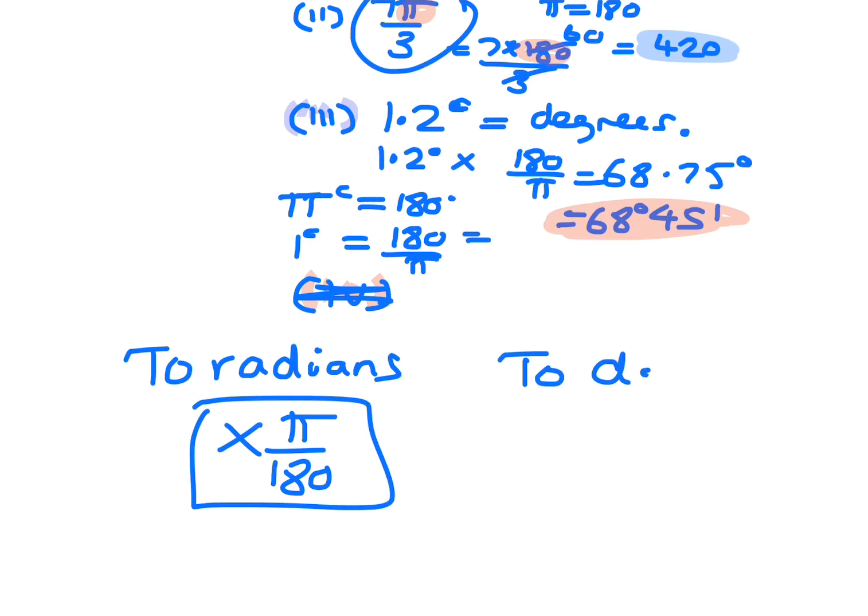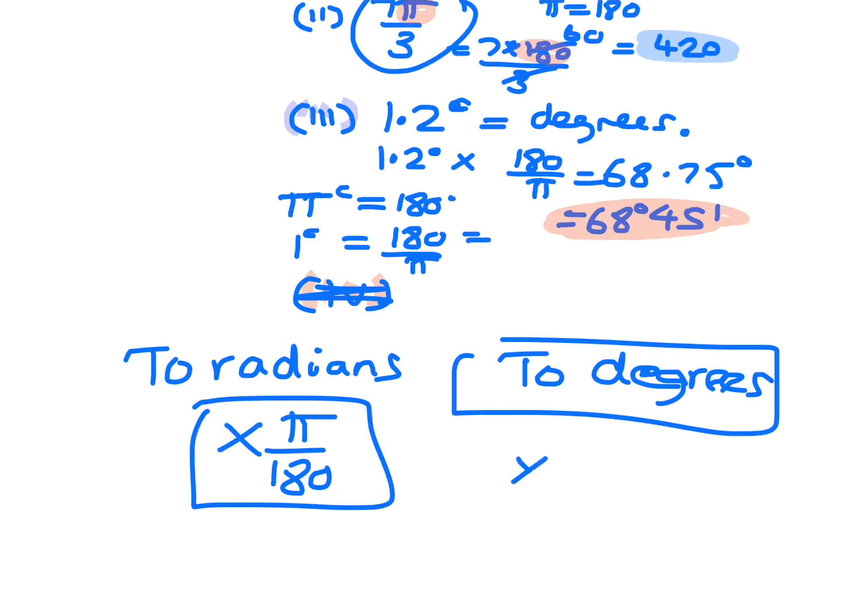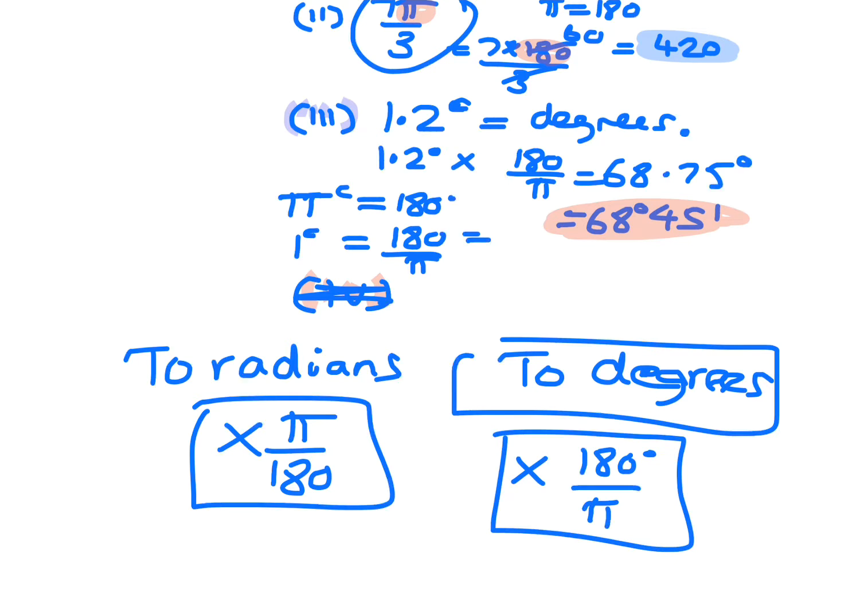And if you want to go back to degrees, then you times by 180 on pi. And you notice that the 180 is on the top, same way that I did this one here. See the times 180 on pi.